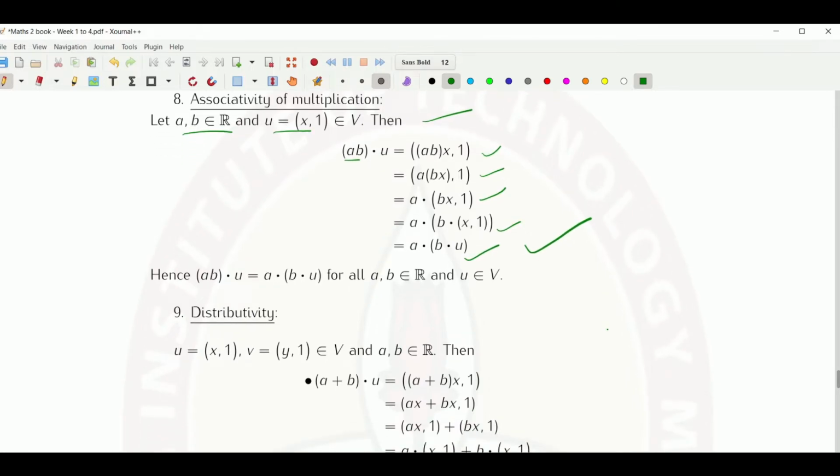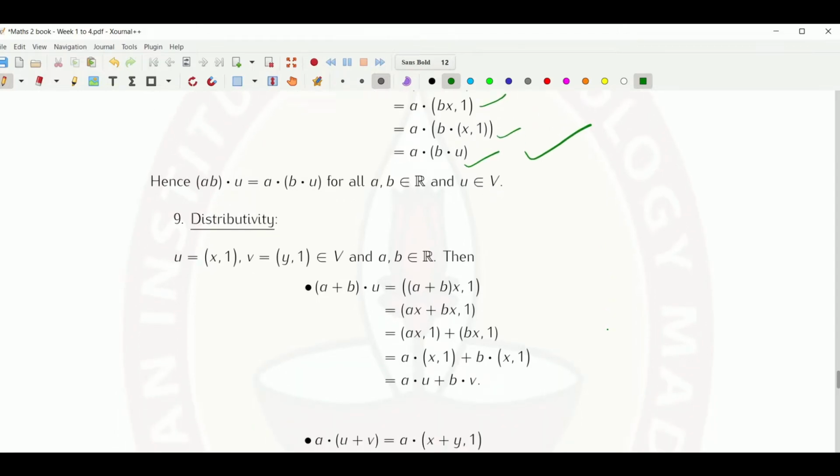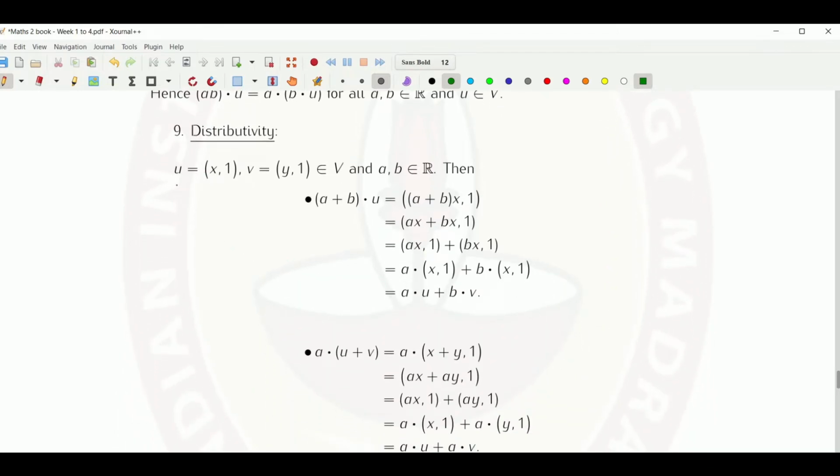Let's check the distributivity. u is equal to (x, 1), v is equal to (y, 1), and a, b belongs to R. Then (a plus b) dot u is equal to (a plus b) times (x, 1), which is (ax plus bx, 1). It will be (ax, 1) plus (bx, 1), because by our definition of addition, so it will be a dot (x, 1) plus b dot (x, 1), so a dot u plus b dot u.